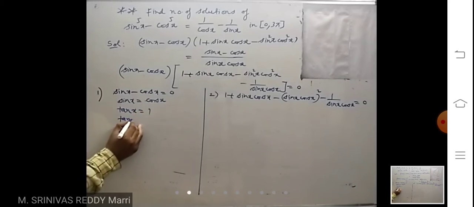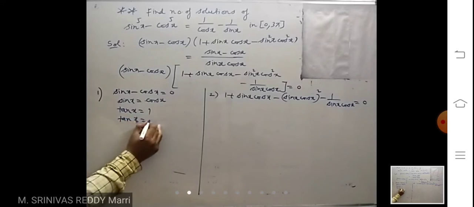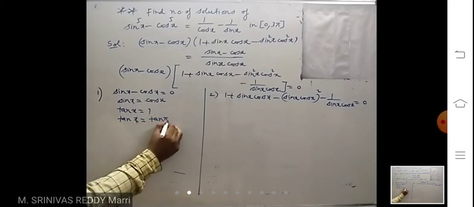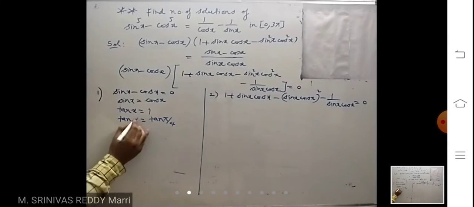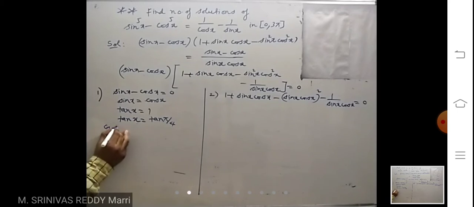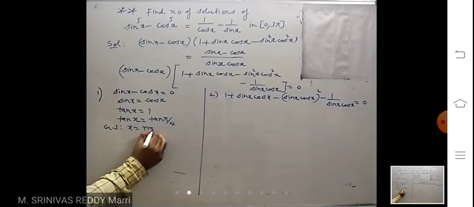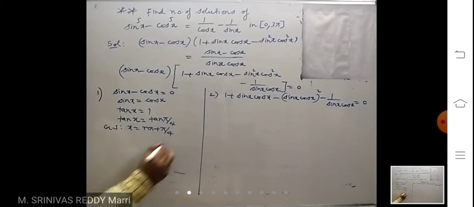Now tan x equal to constant, that constant I am writing as tan pi by 4. So tan x equal to tan alpha, general solution is x equal to n pi plus pi by 4.